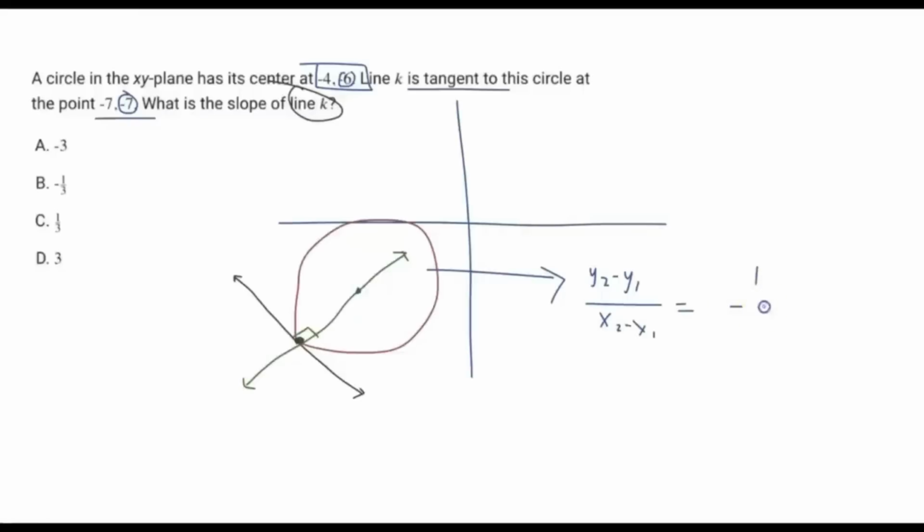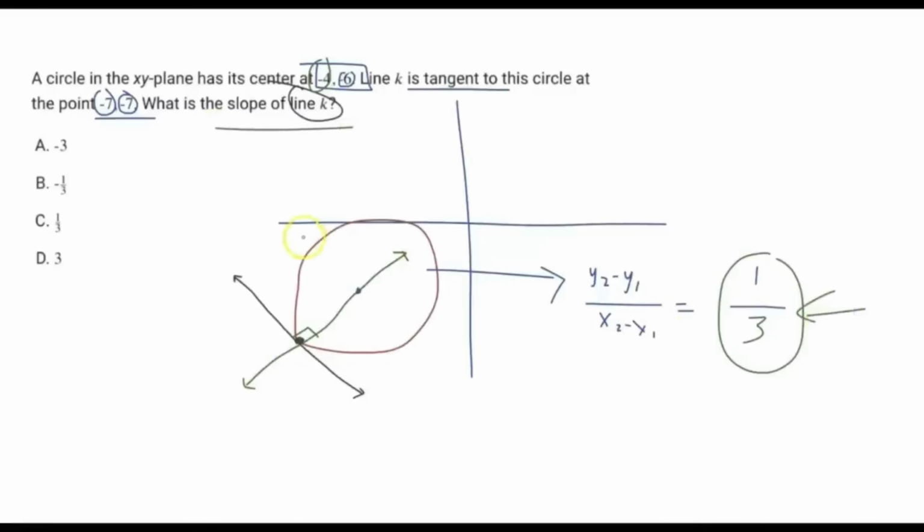So +1 on top. Now the change in x, we're going from -7 to -4. That's an increase of +3. And so we know the slope of this line is 1/3, which makes sense because if you look at the diagram, it is going to be positively linear, and therefore a positive slope as 1/3 makes sense.